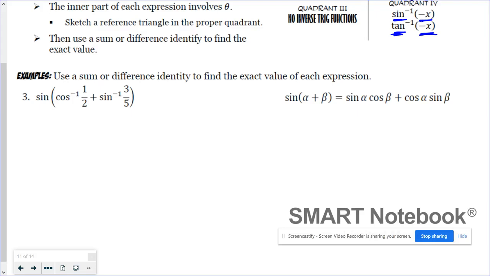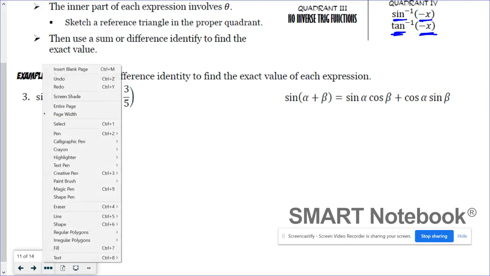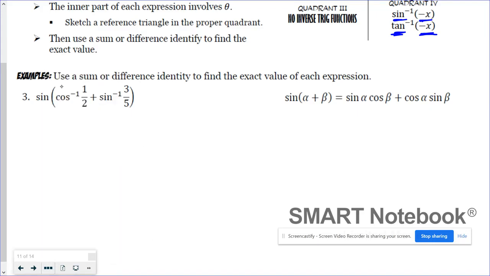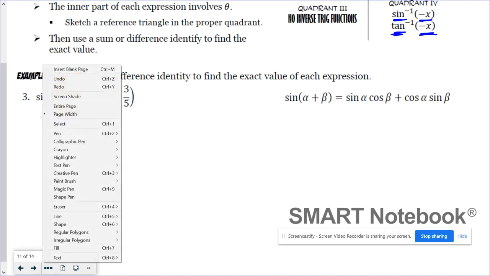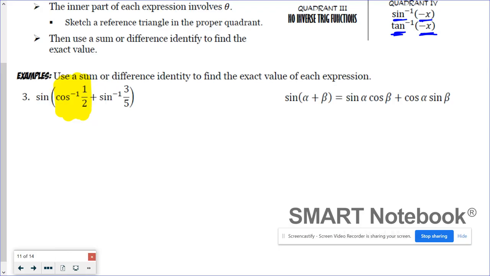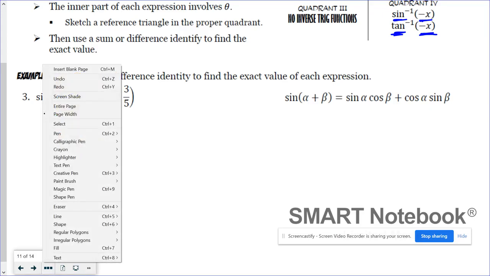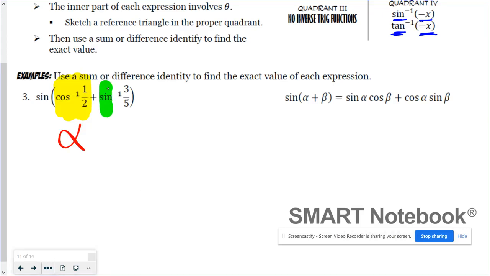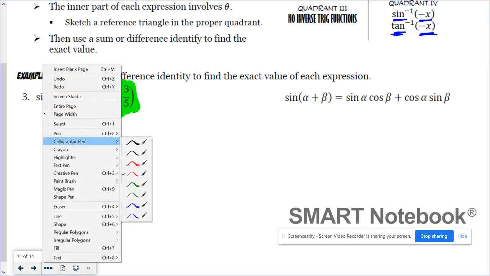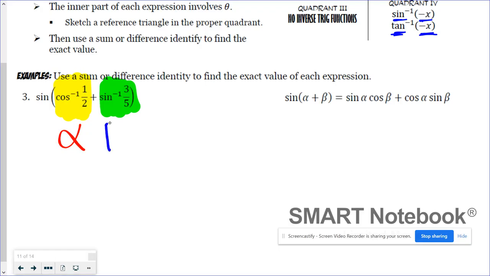So that being said, in problem number 3, the expression cosine inverse of 1/2, the answer to that will be my angle alpha. So I'm going to draw a reference triangle representing alpha. And then the other inverse trig function there, the inverse sine of 3/5, that's representing our other angle, beta.